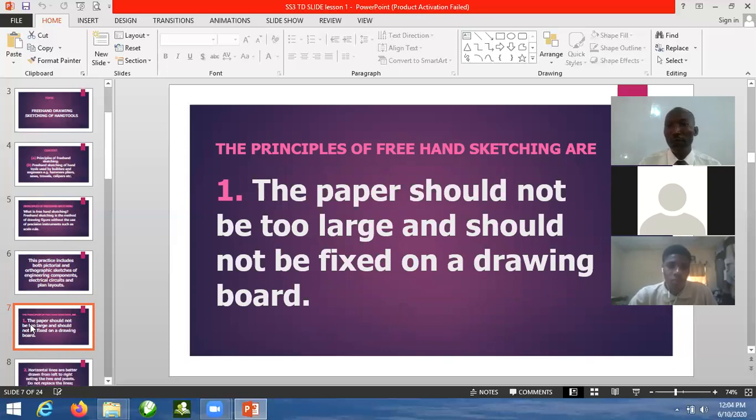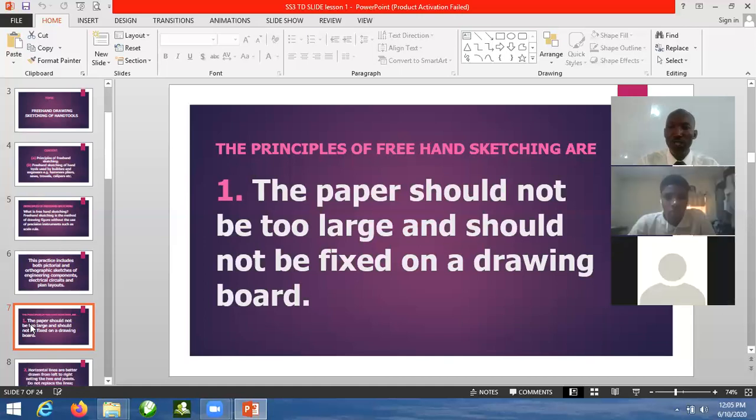One, the paper should not be too large and should not be fixed on the drawing board. That is, it must be movable on the drawing board to the area where you can conveniently draw.